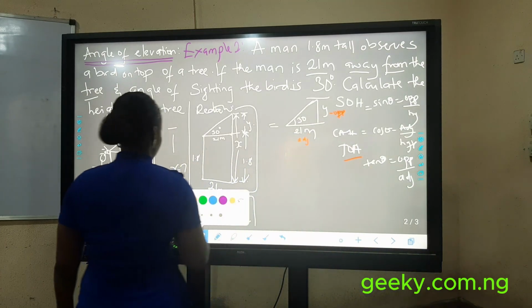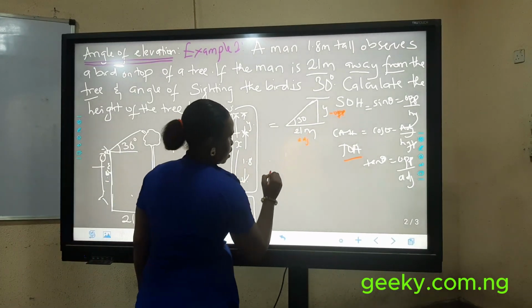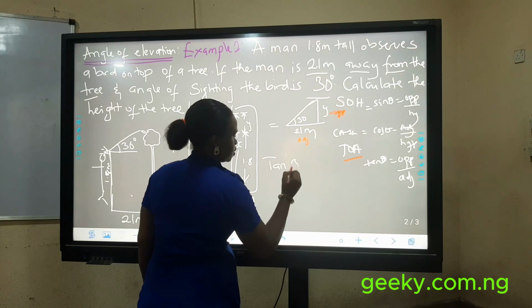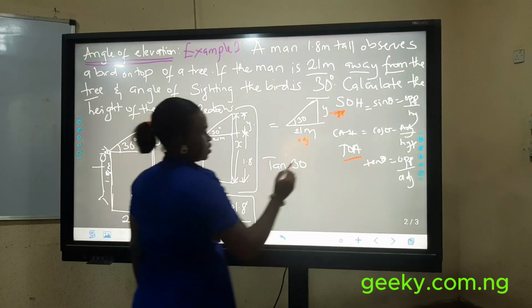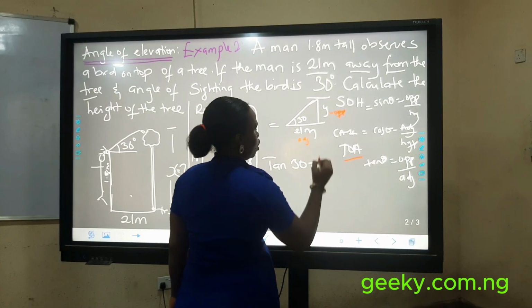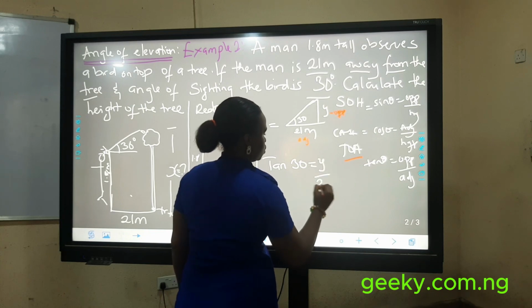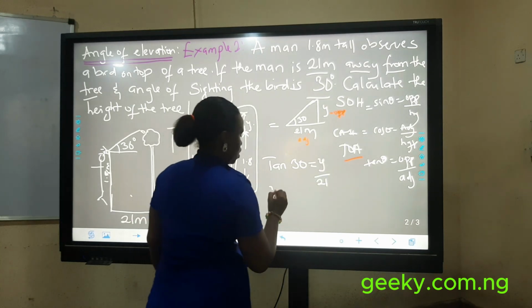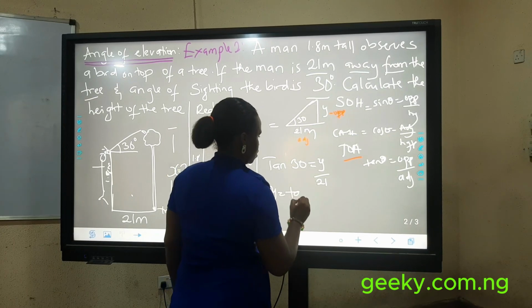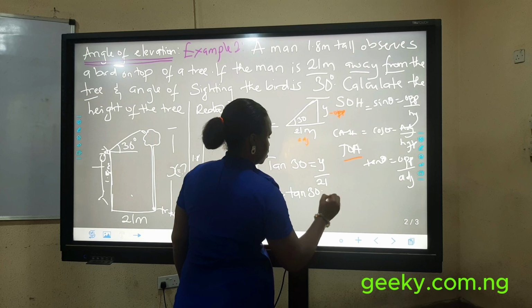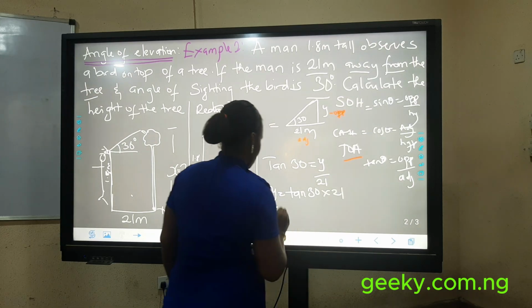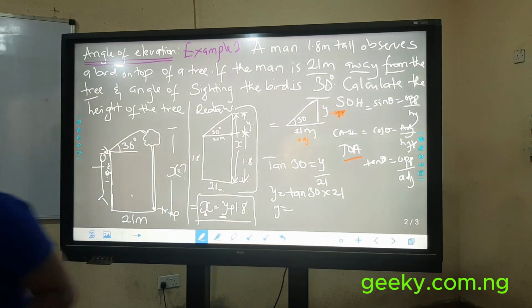So tan 30 equals opposite over 21. So our y is equal to tan 30 times 21.